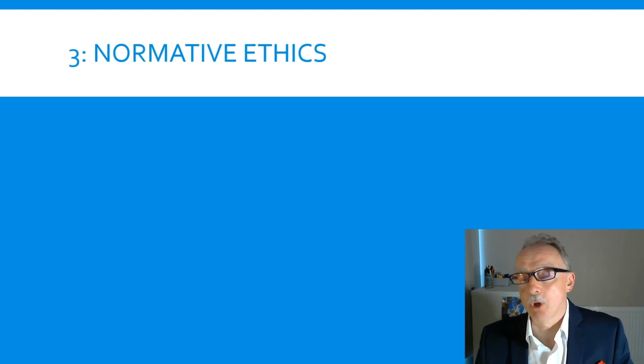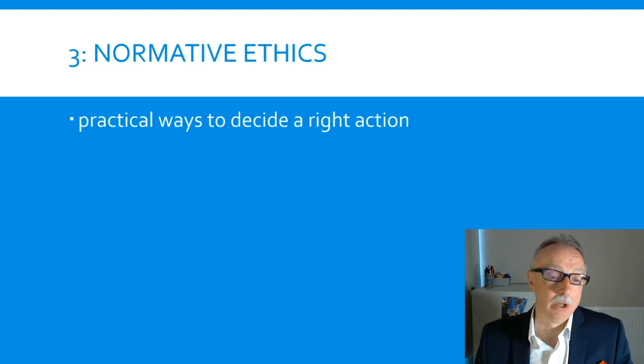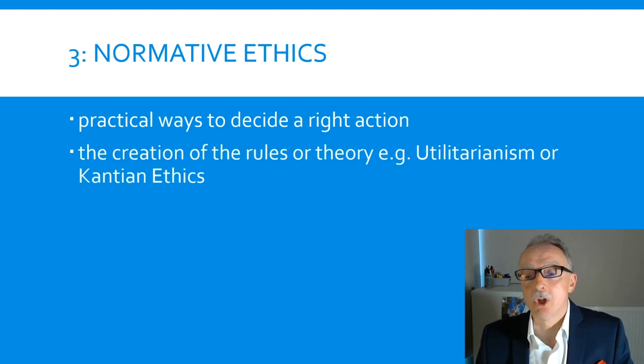So next on our list of things that will come up in a study of morality and ethics is the topic of normative ethics. In other words, practical ways to decide a right action. And if you're undertaking a study and it covers this topic, you're going to be looking at the creation of the rules or the theory that underpin the ways you make your decisions.